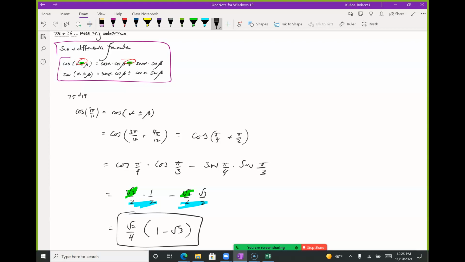And 7 pi over 12 is in quadrant 2, right? I'm cutting pi into 12, and 7 pi, 1, 2, 3, 4, 5, 6, 7. 7 pi over 12 is in quadrant 2, where cosine is negative. So you have little double checks like that, and you can use the calculator, right?